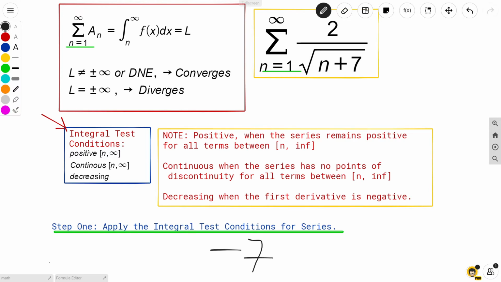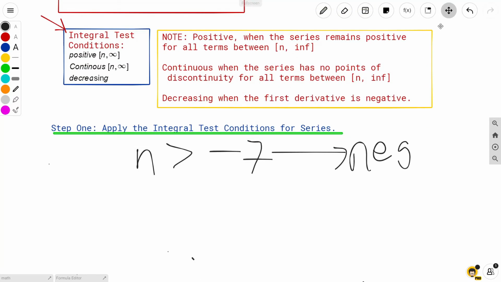But for this case, the interval is from 1 to infinity.